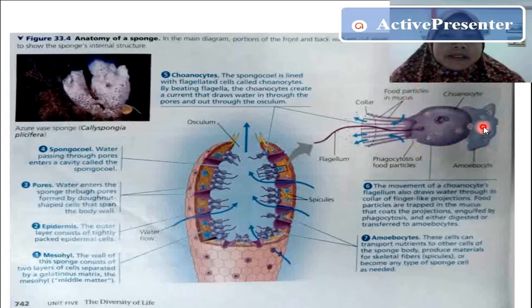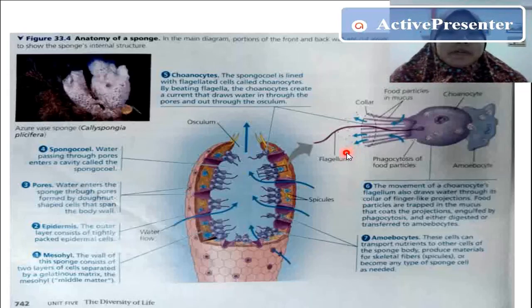The choanocyte is lined with flagellated cells that beat and create a current to draw water in through the pores and out through the osculum. As these flagellated cells create flow, it actually helps the sponges to feed.